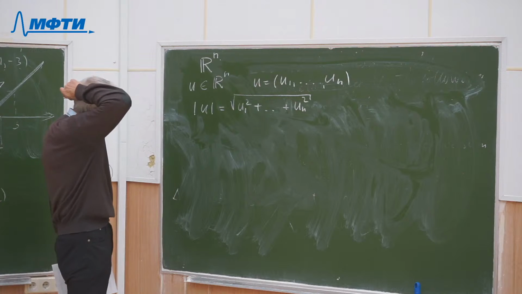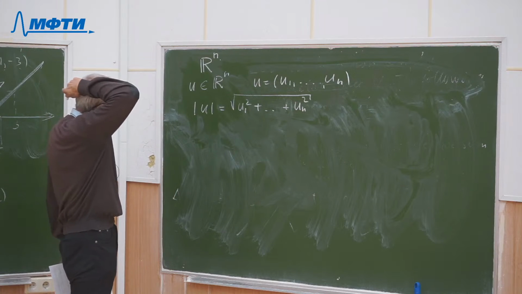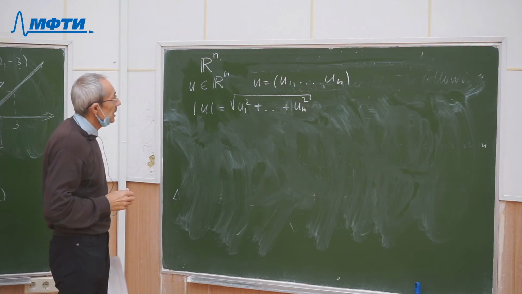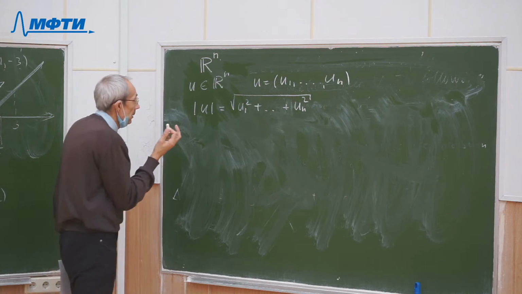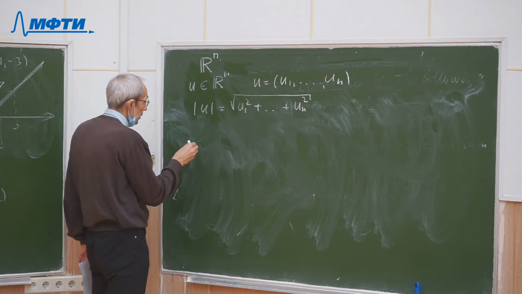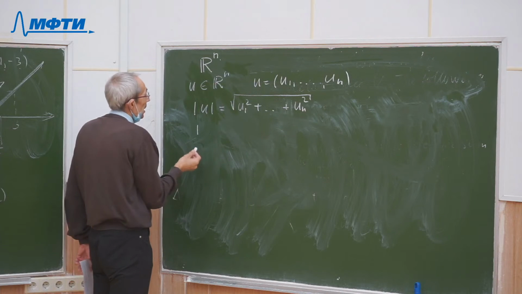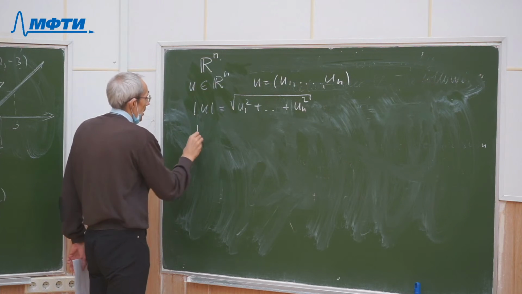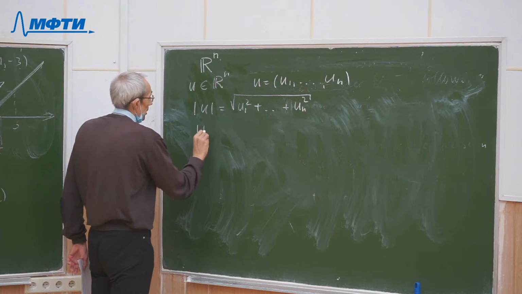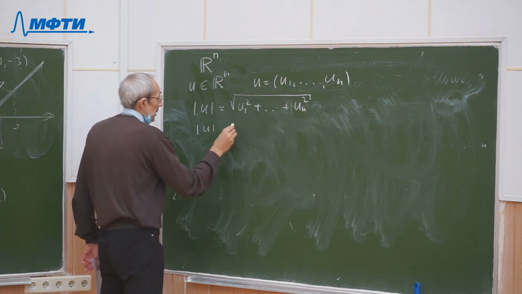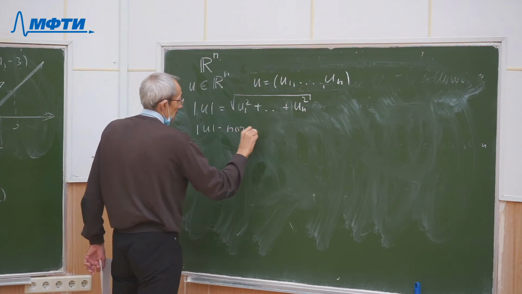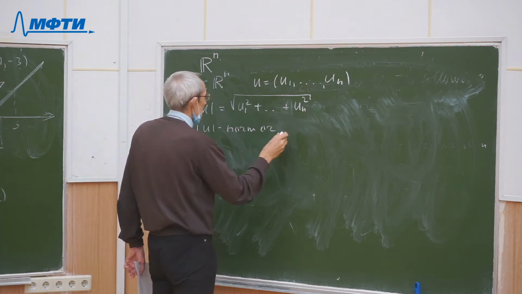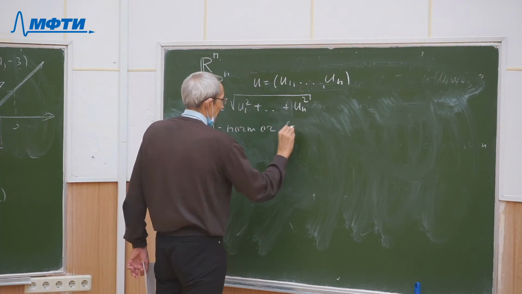We can generalize this observation, and we can introduce some new notion of length or norm of an arbitrary vector in the abstract vector space.